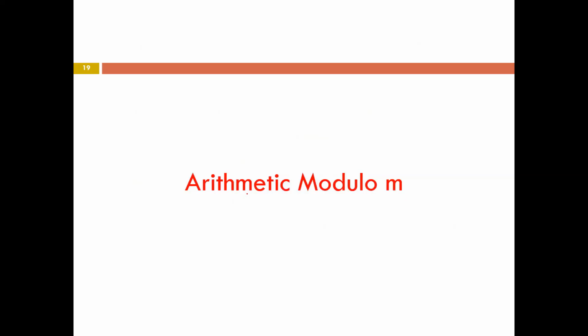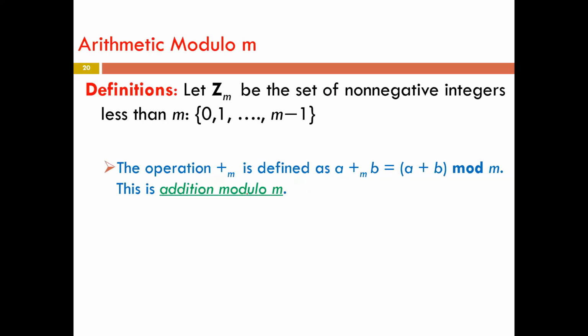Now arithmetic modulo M: how to add and how to multiply when you have a congruence modulo M. So here for the congruence, we work on a new space, a quotient space, called Zm. The elements of Zm are from 0 to m minus 1, which are the remainders of the quotient.